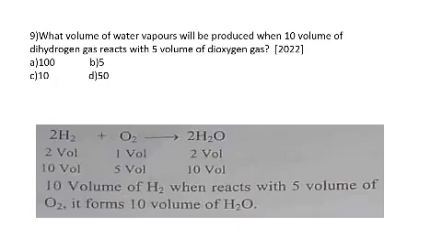Question number 9: what volume of water vapor will be produced when 10 volumes of dihydrogen gas react with 5 volumes of dioxygen gas? 10 volumes of H2 reacting with 5 volumes of O2 form 10 volumes of H2O. Option C is the correct answer.